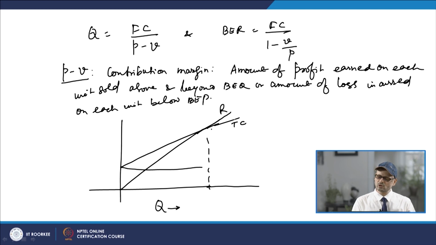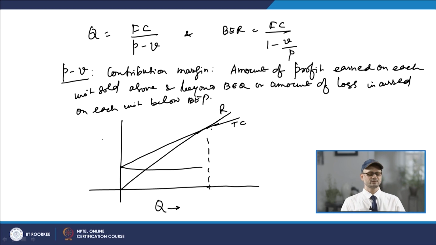So, this is your total cost line and this is your revenue line. So, this point will be the break even point. You can further see that the ordinate is for the cost, different types of cost.